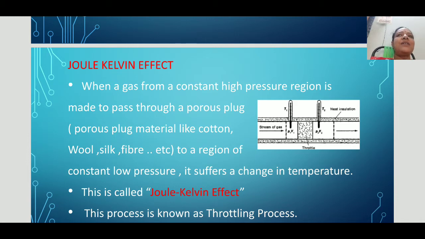Here a porous plug is nothing but a system which has small tiny holes, like cotton type material, woolen type, silk type, or fiber type. It is better to imagine a porous plug as a kerchief also. Daily we use chalk and duster, and they behave like a porous plug.